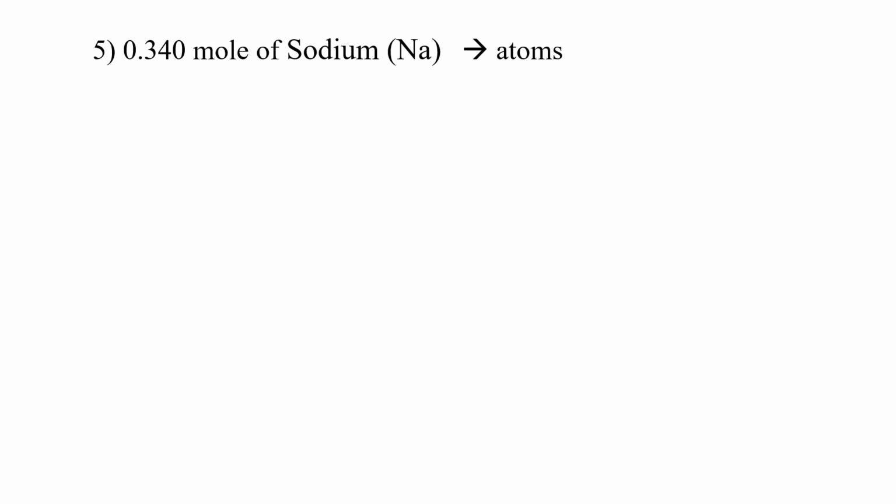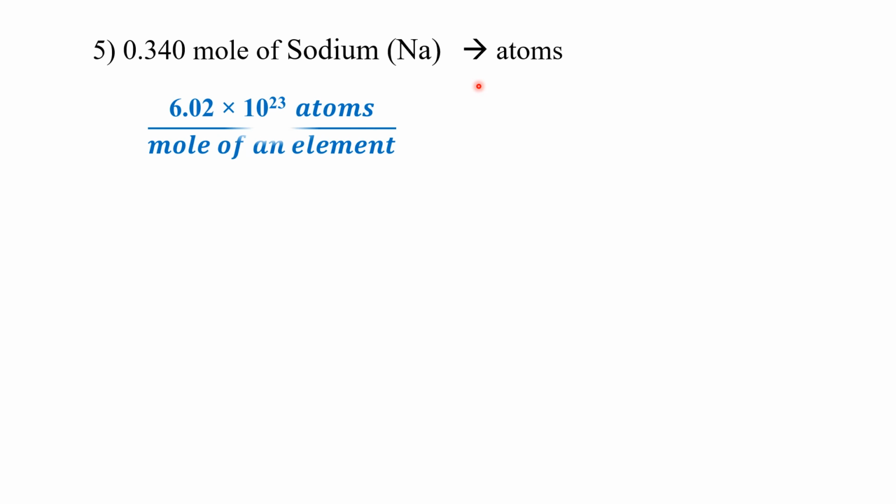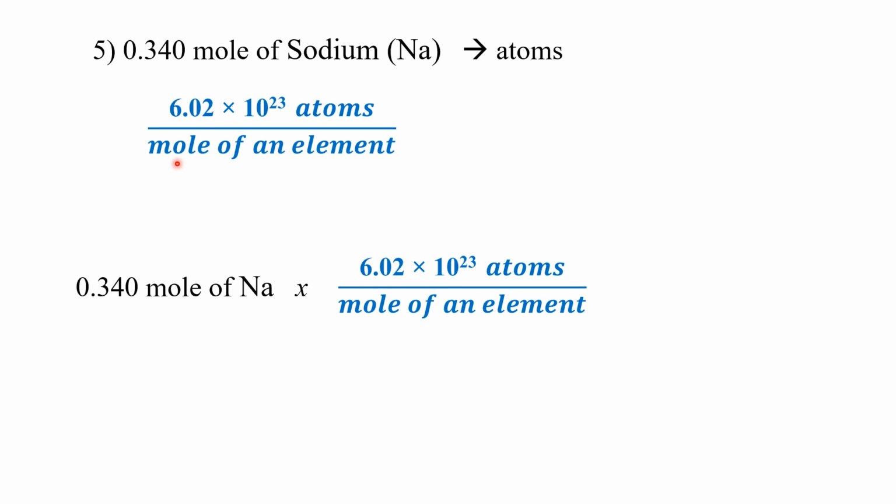How many atoms are in 0.340 mole of sodium? So mole is to be converted to atom. The factor that we should choose should contain mole in the denominator. So this is the one. And the mole units will cancel out with this.